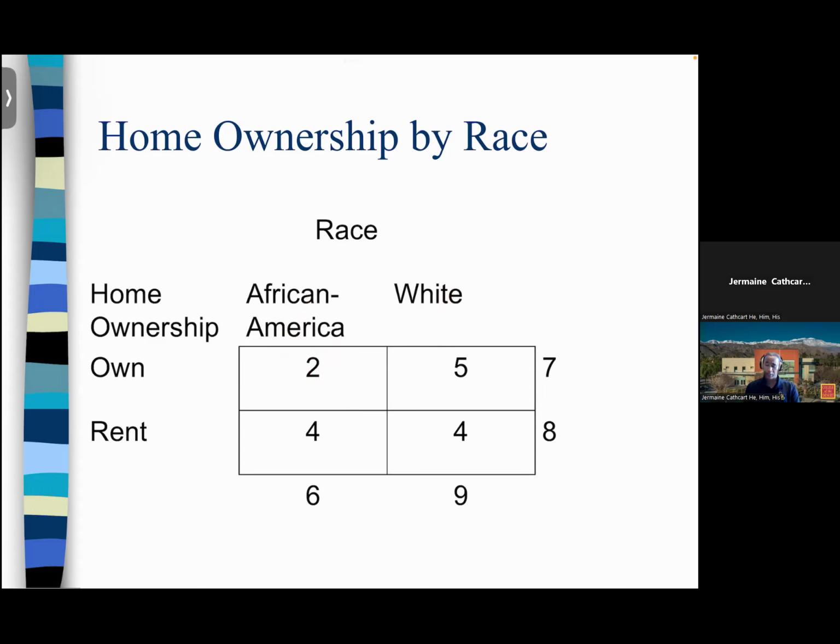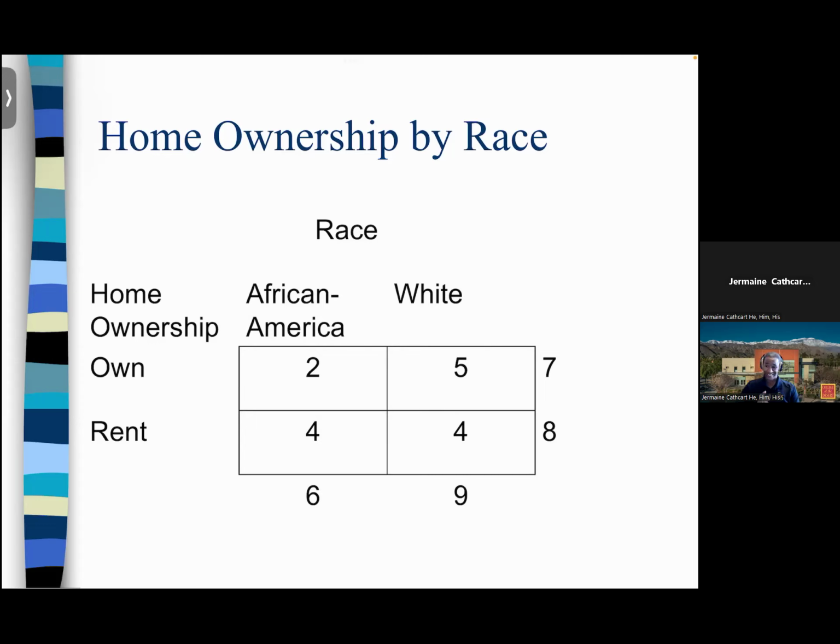Now, it's important to understand that when you're looking at crosstabs, you don't just want frequencies, you also want percentages, because percentages allow you to do a comparison amongst the categories of the independent variable. Because if you look at rent, you may say, okay, well, an equal amount of African Americans are renting as white Americans, so it's completely equal. It's not though, right?